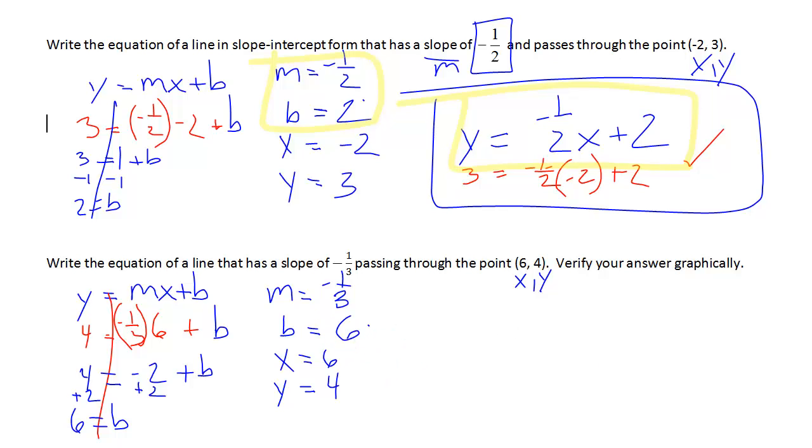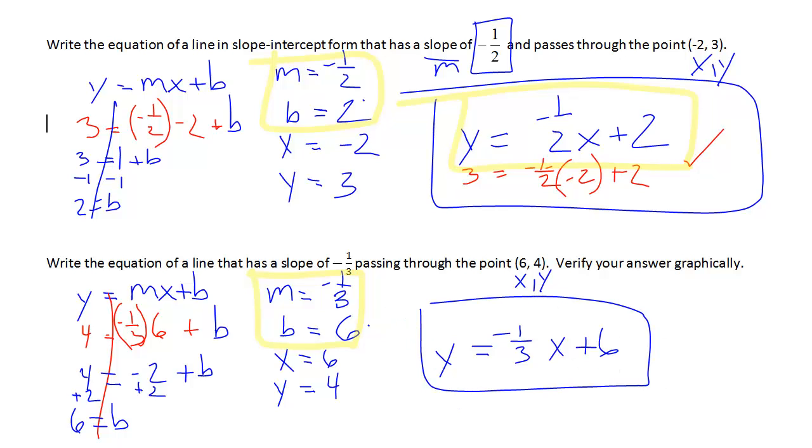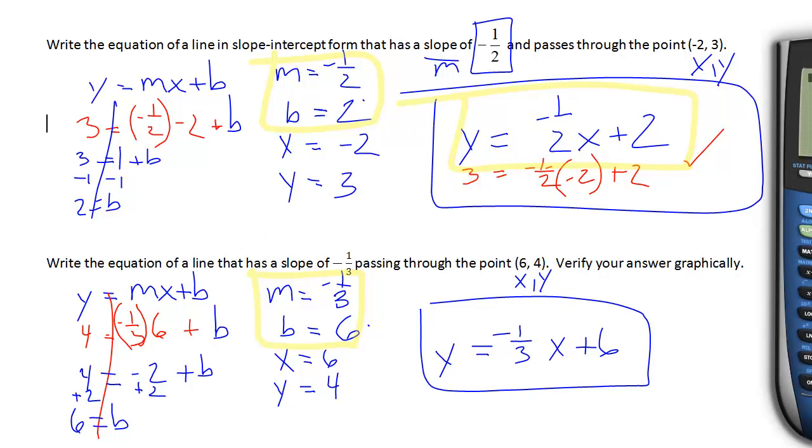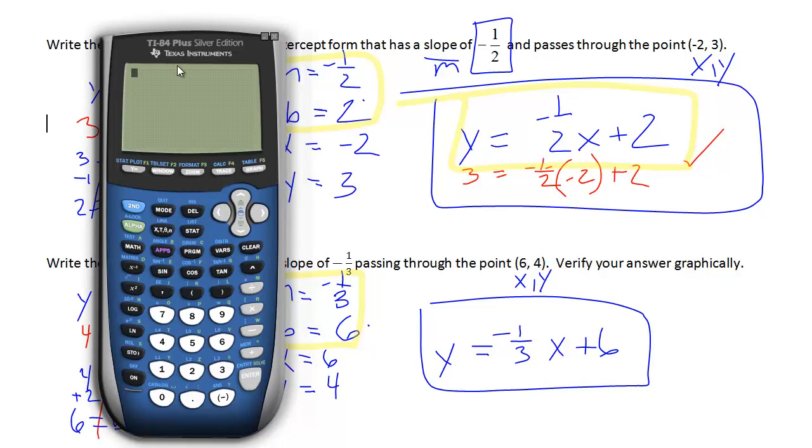Now again, I have my m and b, so I can write the equation of my line in slope-intercept. And it asks us to verify the answer graphically, so we'll pull up the graphing calculator here and we'll double check. I go to y equals, I'm going to plug this in.